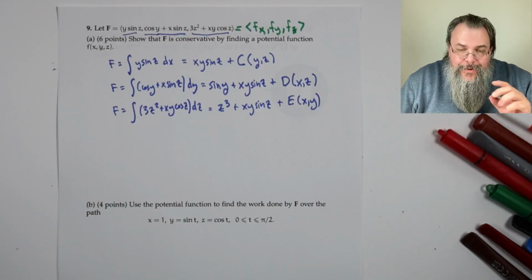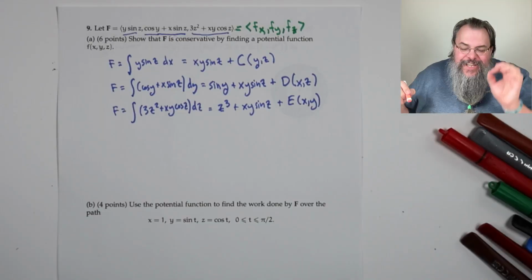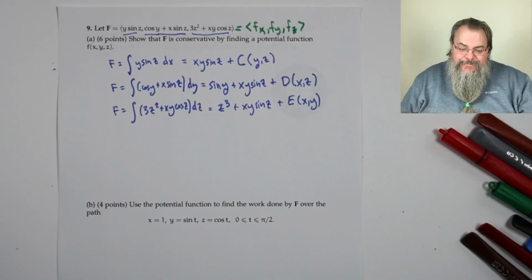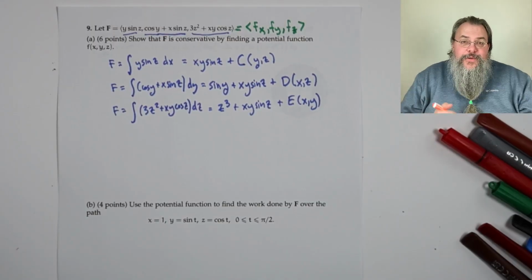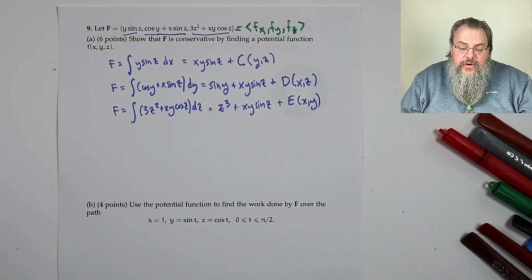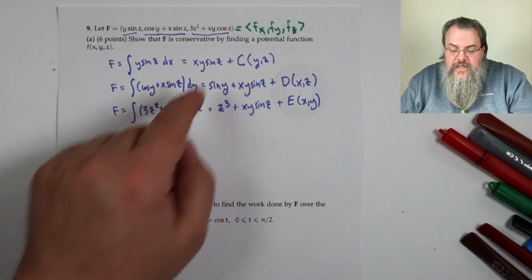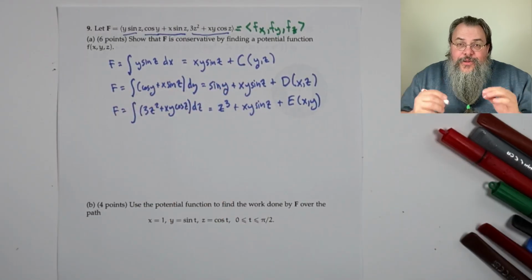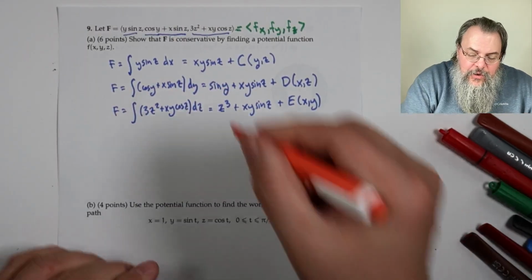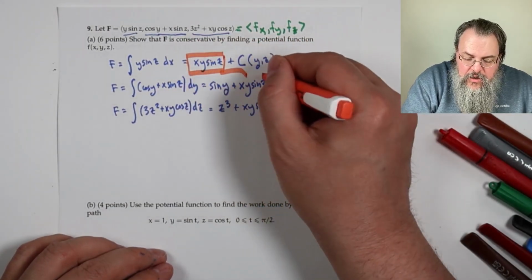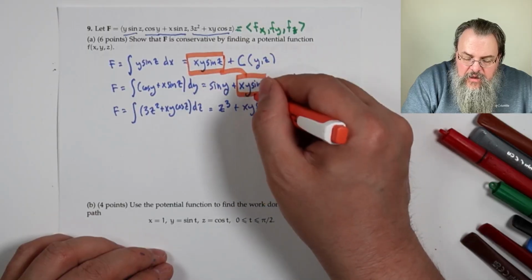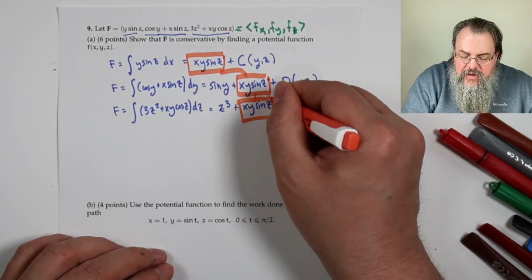The thing you need to check is consistency if you have terms with multiple variables. So notice xy sine z, that has all 3 variables involved. So we say, is it consistent? Well, each one of these has an xy sine z.